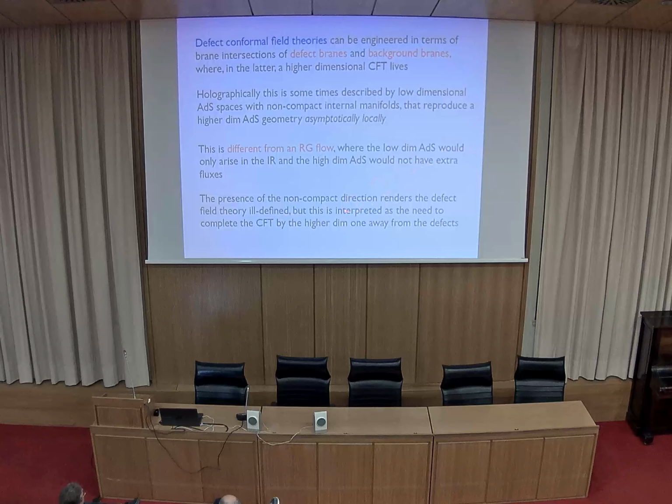This is interpreted, when the theory is associated to a defect CFT, as the need to complete the CFT by the higher dimensional one away from the defects. In some sense, when this non-compact direction goes to infinity, you end up in the higher dimensional theory, and the opposite limit is when you are at the core of the defect.